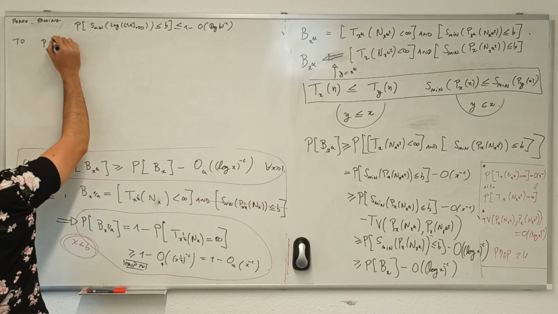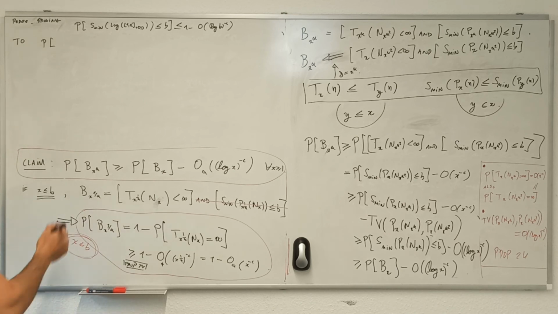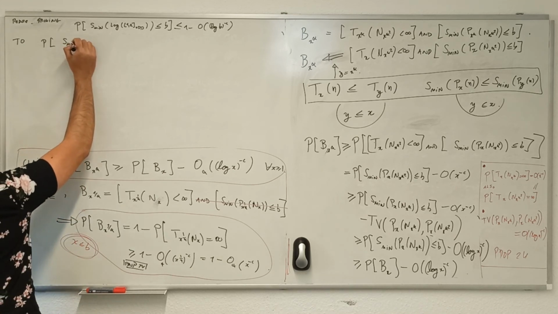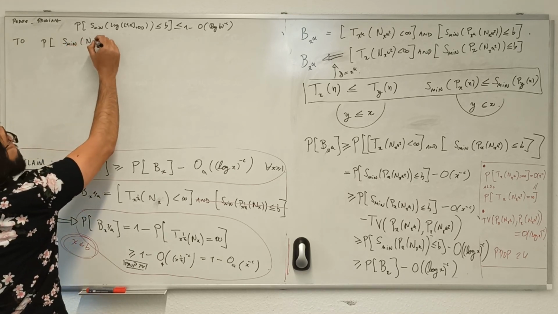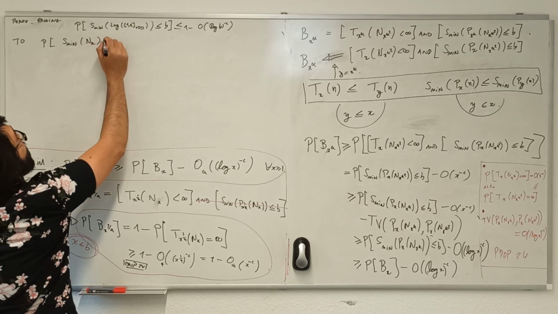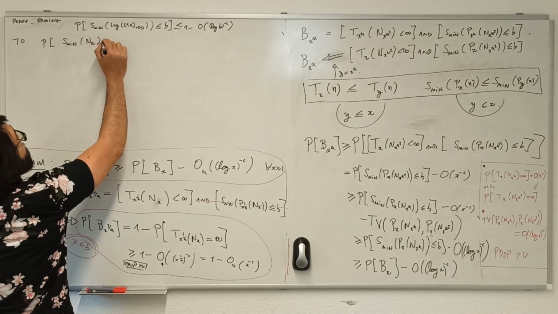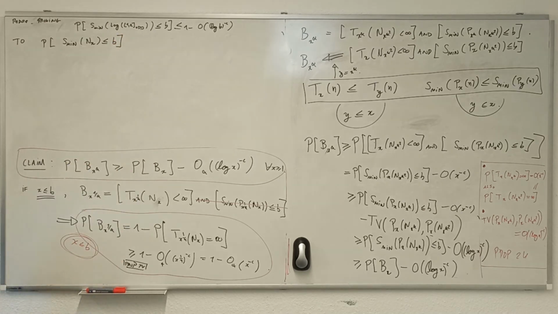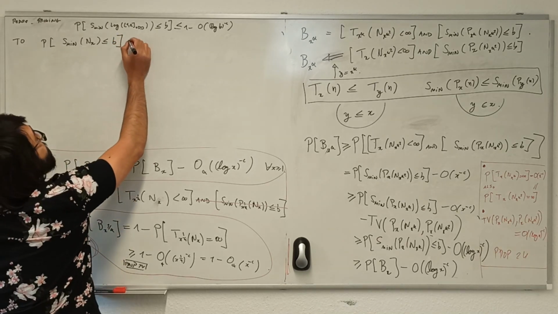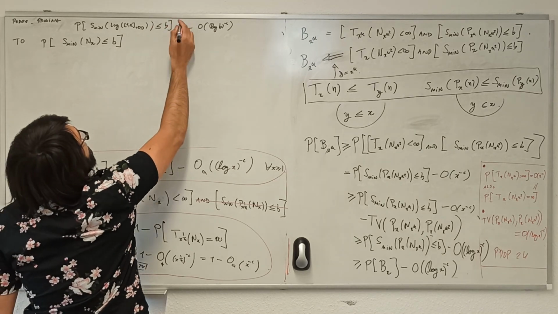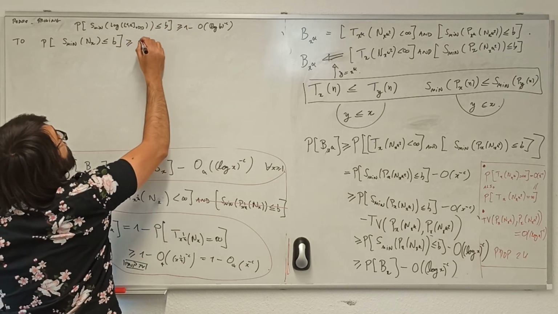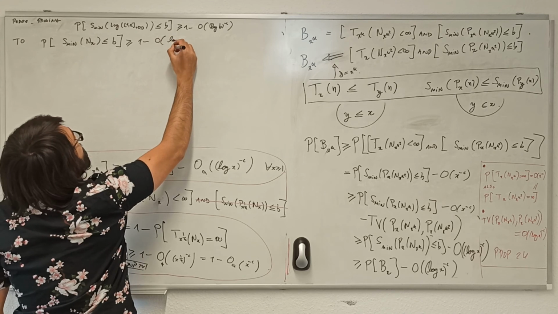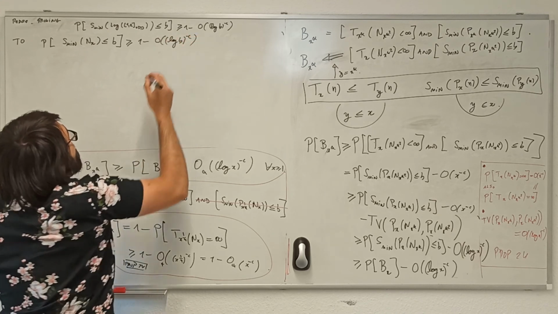We reduce proving this to proving that the probability of S min of the variables nx is greater or equal than 1 minus log of b to the minus c.